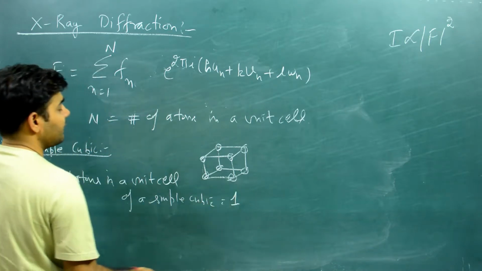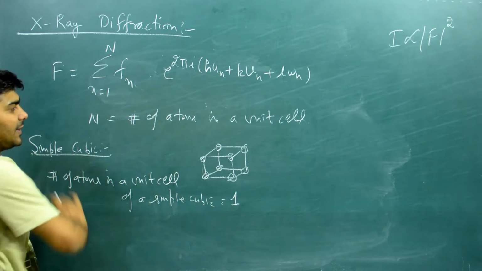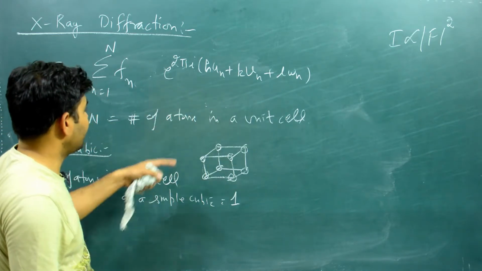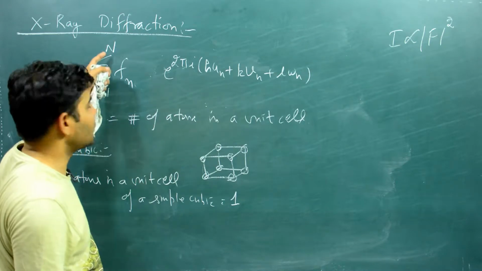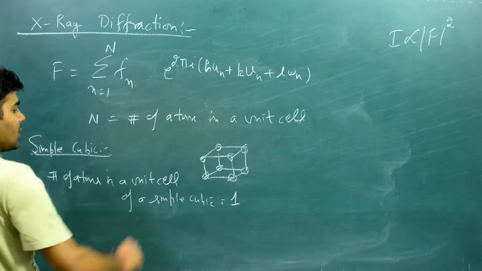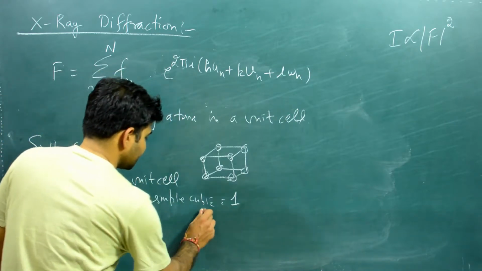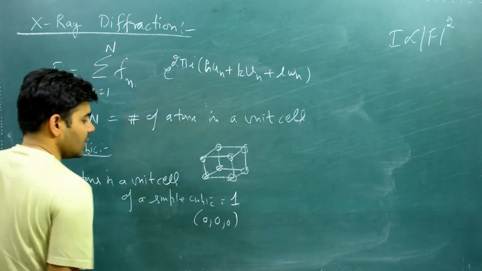That means if we want to calculate this capital F, it will have only one single term, where n runs from 1 to 1. And what is the position of this one single atom? This can be assigned to 0, 0, 0, that is the origin.